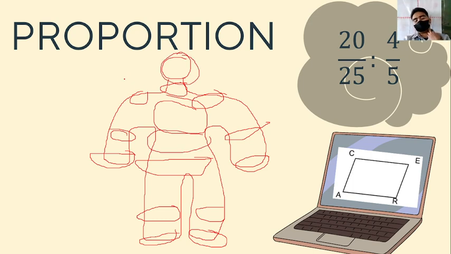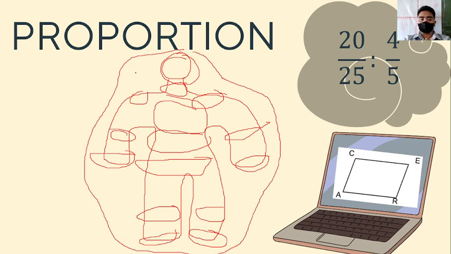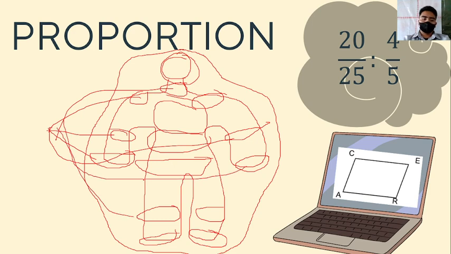So in your totality, in your whole body, that's why we call it the whole body. The whole body is composed of parts. These are the parts. Your body is the whole.